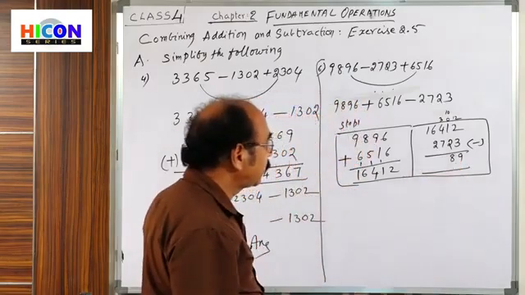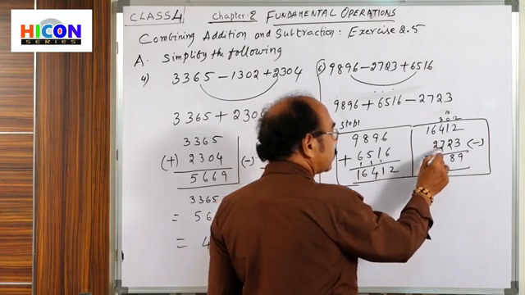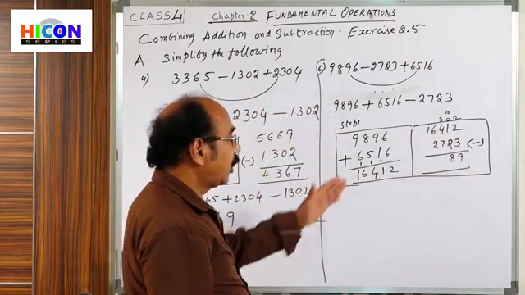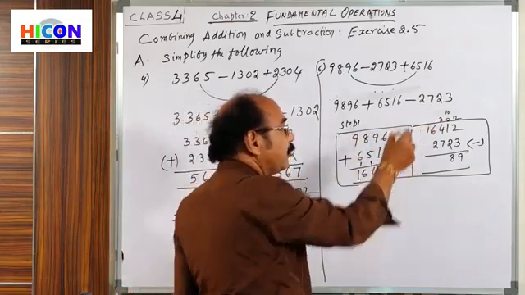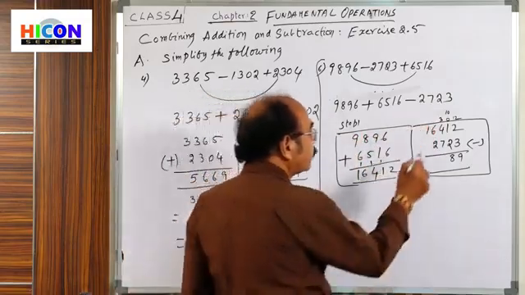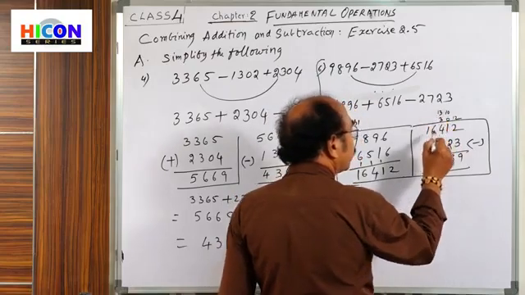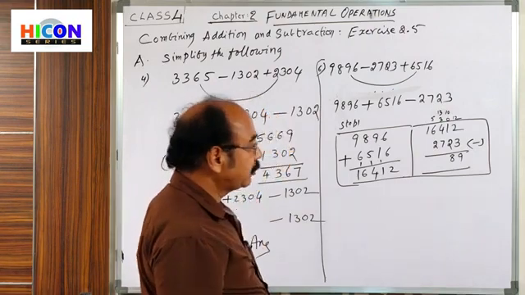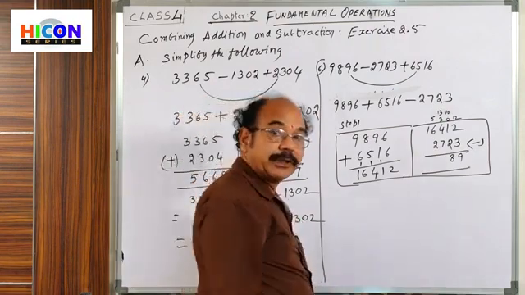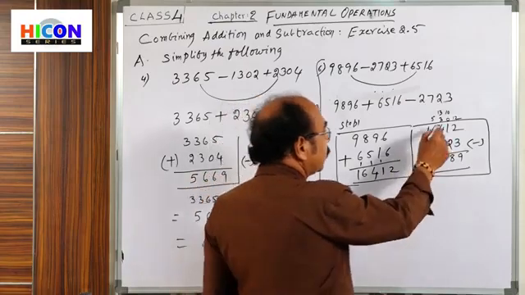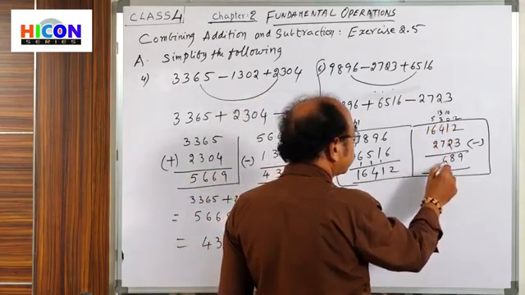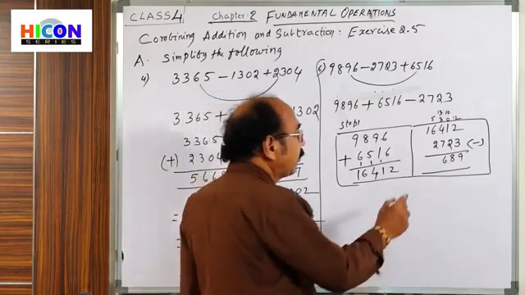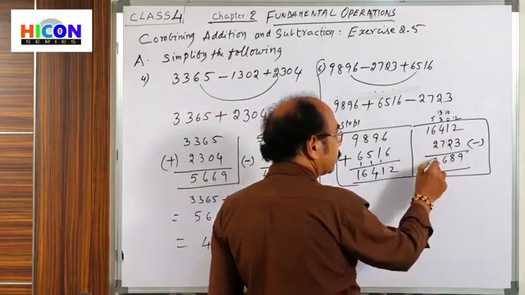Here we cannot subtract 7 from 3. So ask borrow from its before place. Then 3 becomes 13 and 6 becomes 5. Now 13 minus 7, how much? 6. Here 5 is there, no? 5 minus 2, 3.